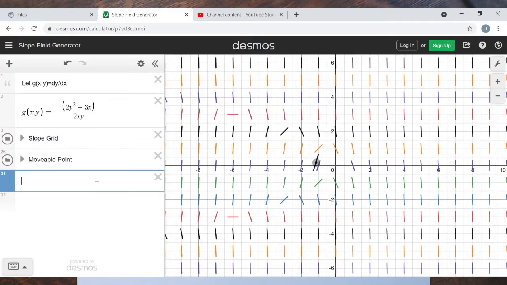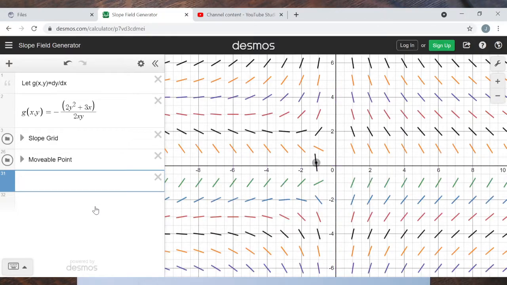There we go. And then I'm going to put in one member from our family of implicit solutions. We had x squared times y squared plus x cubed equals c. All right, I'm just going to have the constant be 0 to start with and see what kind of curve comes up.